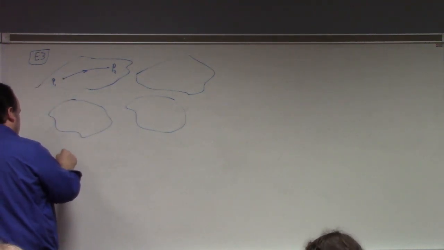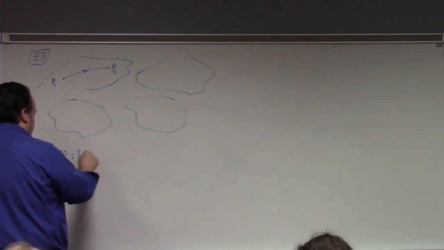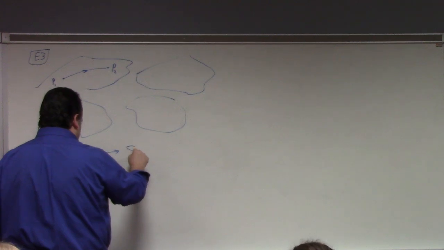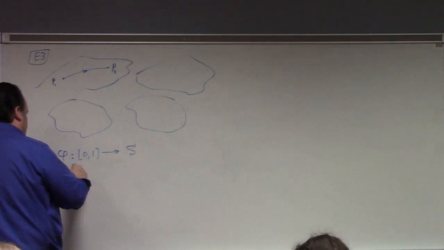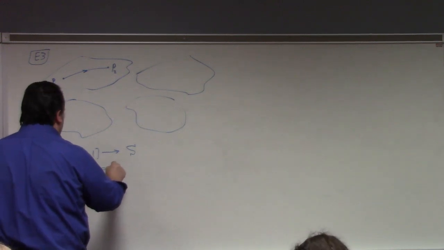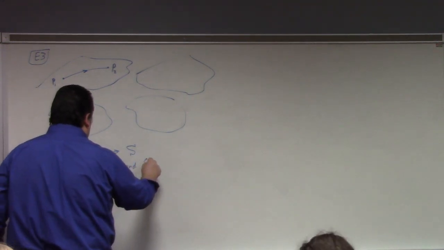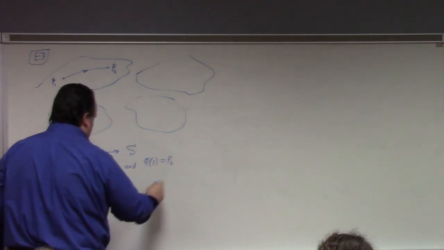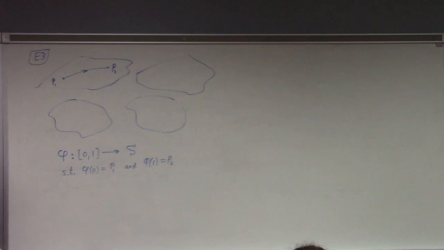You've got a function phi, which is a mapping from [0,1] to the space, such that phi of 0 is equal to P1 and phi of 1 is equal to P2. That's a path that goes from P1 to P2.